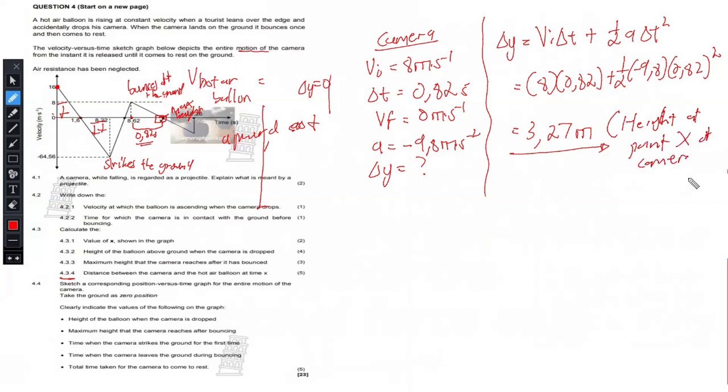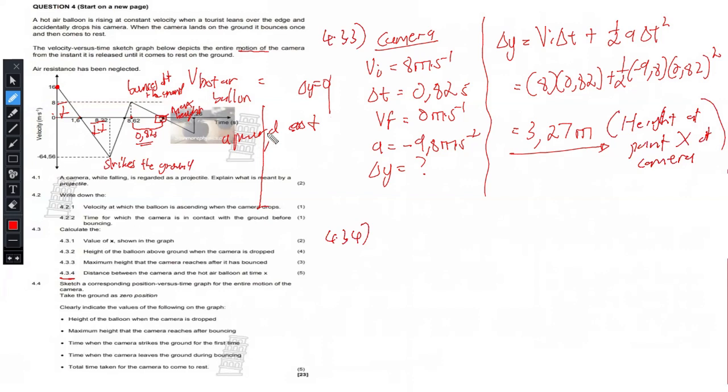Right. So there is no need to recalculate that. We already have that. So we're just going to indicate this is 4.3.3. And then for 4.3.4, that means we can only just calculate the height of the hot air balloon at that particular point.